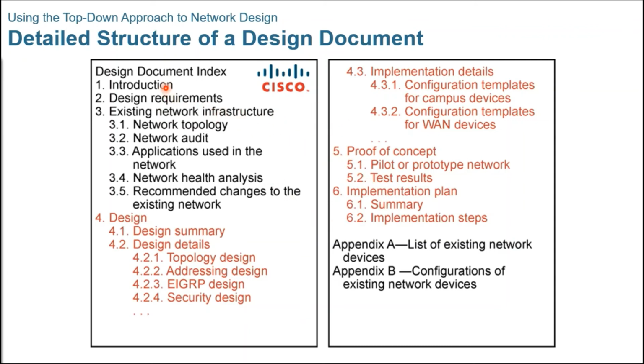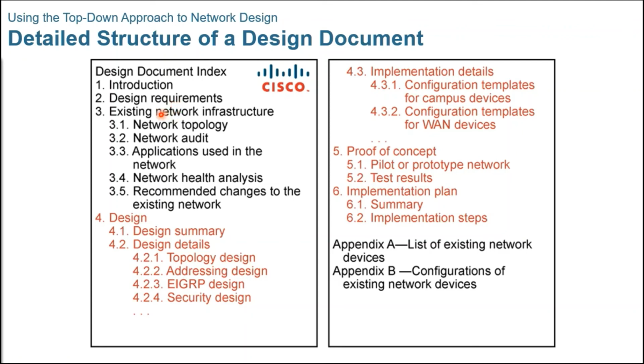You have the introduction. Every design document should include an introduction to present the main reasons leading to the network design or redesign. You also have the design requirements, also a mandatory part of any design document. This section includes the organization requirements and design goals that must be fulfilled.